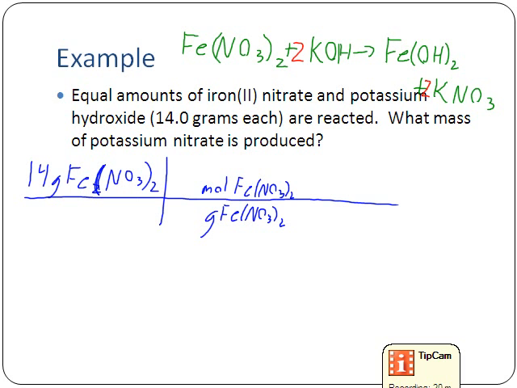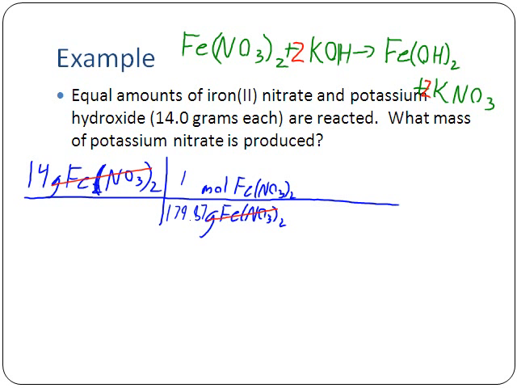I look at the periodic table, it tells you that iron is 55.85, plus 2 nitrogens, so plus 2 times the mass of nitrogen, which is 14.01, plus 6 oxygens. 3 times 2 is 6 oxygens, so 6 times the mass of oxygen, which is 16. And so doing that, you get 179.87. That's in 1 mole. And so starting off with that, that nicely cancels out our grams of iron 2 nitrate.